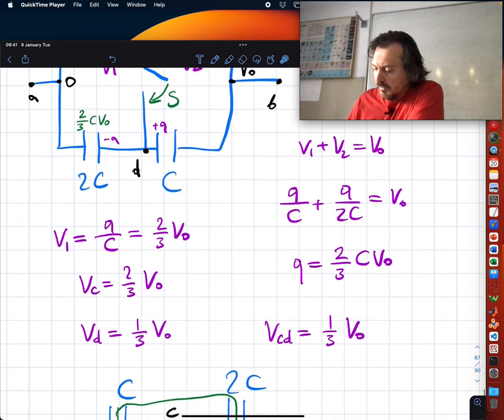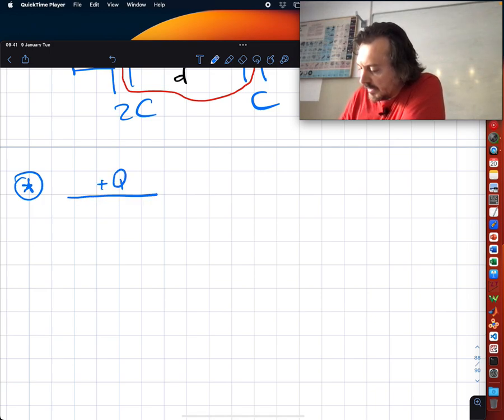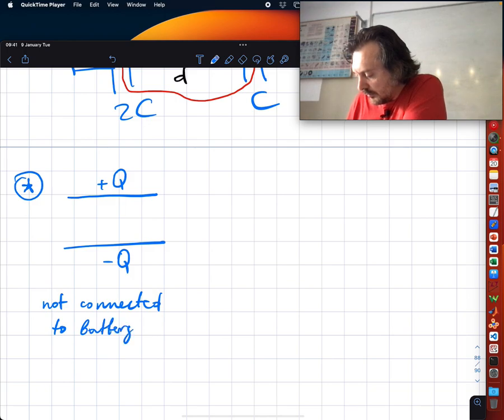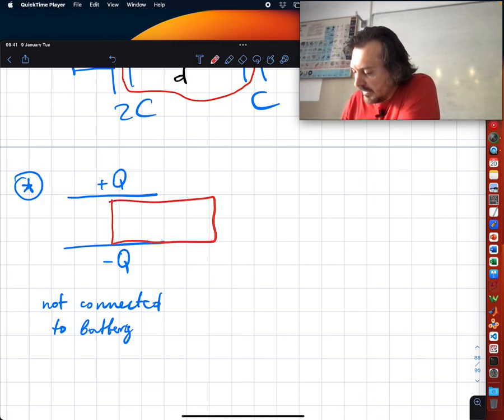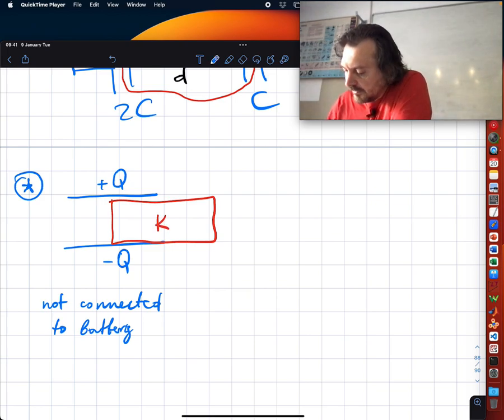No worries. So one thing that I also didn't cover that well was the situations with a capacitor. Let's say I have a capacitor with plus Q, minus Q, not connected to a battery. And I have a dielectric that would fit right into this capacitor, but it's not all the way in.